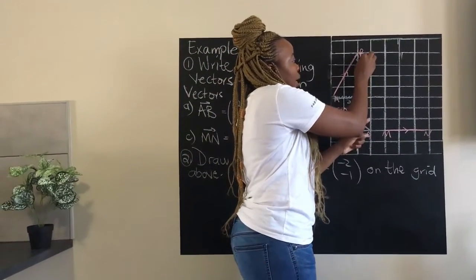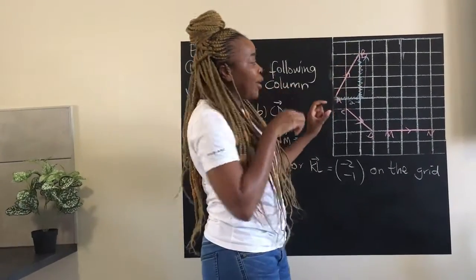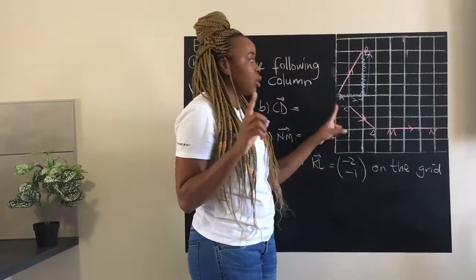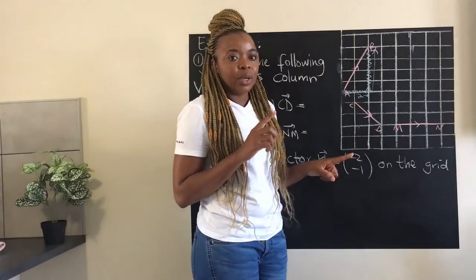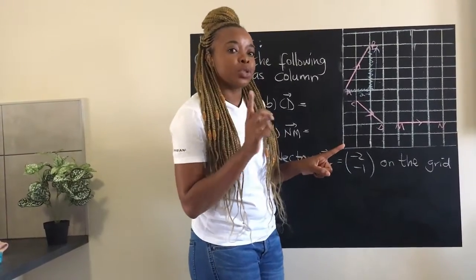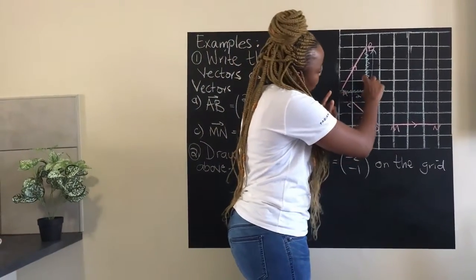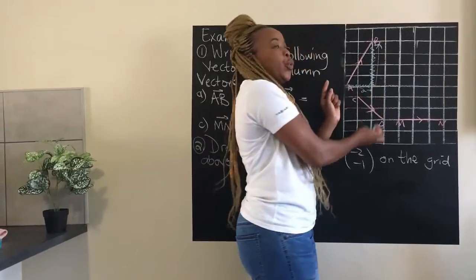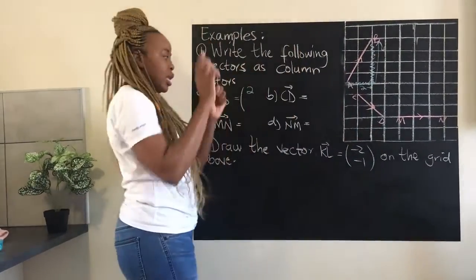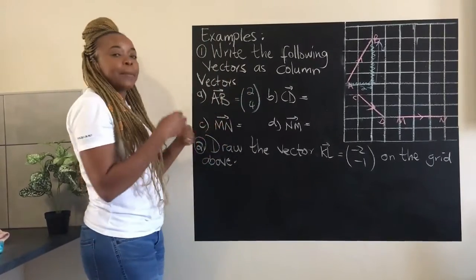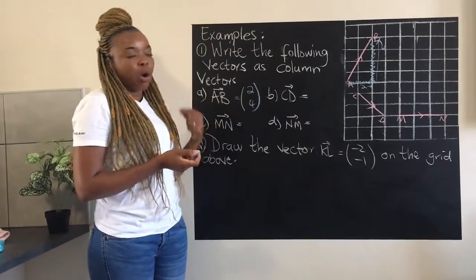Remember, you are not counting the lines, because if you count the lines, you'll be wrong. Don't count the lines, count the blocks. So we have 1, 2, 3, 4. So you went 4 blocks up, meaning I have +4, and it's because I went up, it's positive. So that's our column vector.